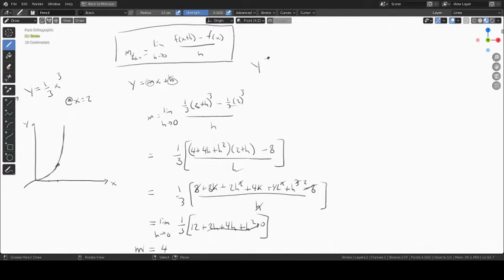So y equals 2 cubed over 3, which equals 8 thirds. Okay, cool. So 8 thirds is our y1. So let's go to our point slope form, which is y minus y1 equals m times x minus x1.